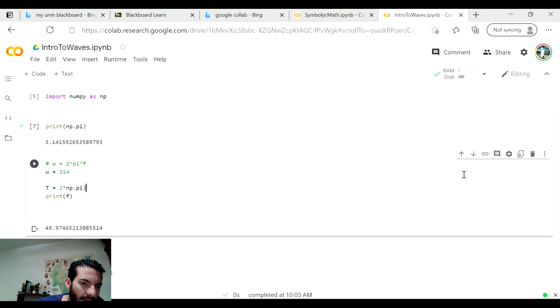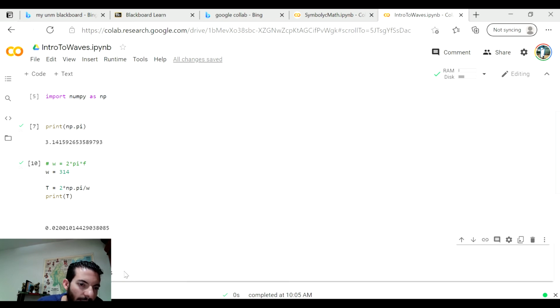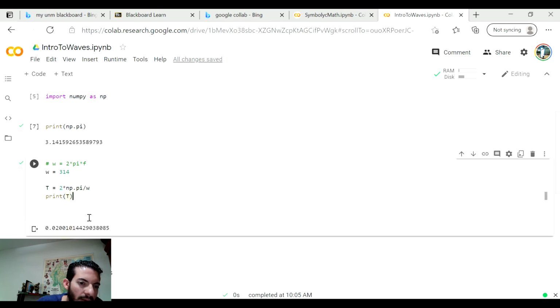Now print t. Now we get it. It's 0.02, which is the same thing we got here, or 20 milliseconds.